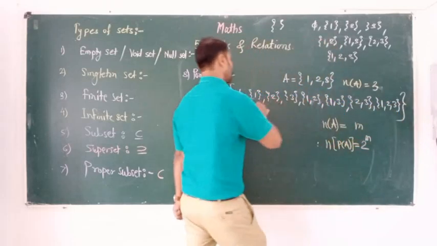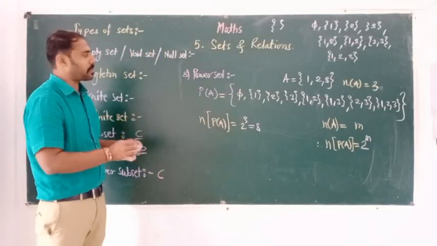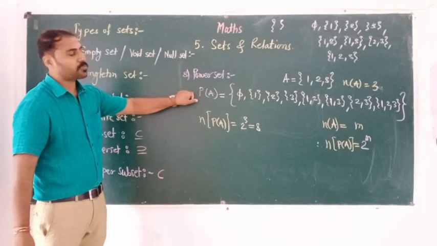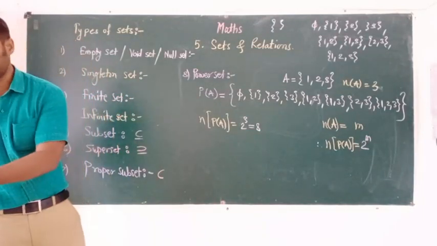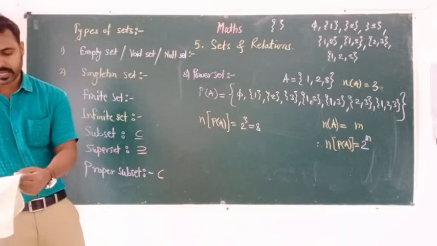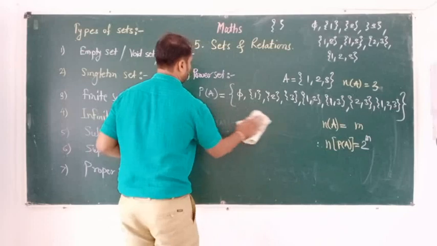I list all these elements in curly brackets and separate the elements by commas. So it represents power set of A. Okay. Next, after power set, I can define one more type.